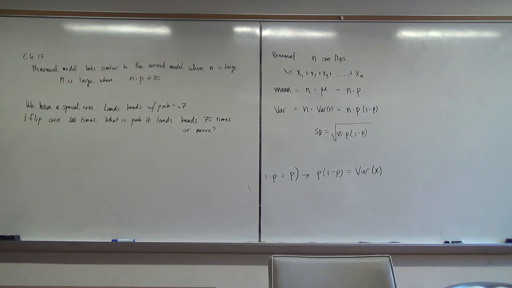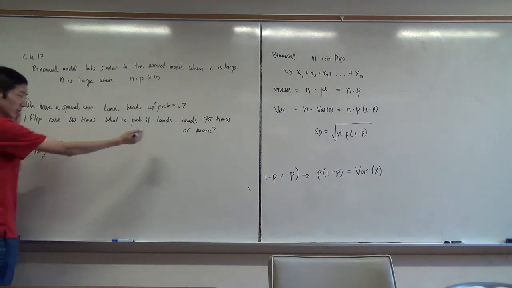Alright, if we were to answer this using the binomial, what would we have to do? 100 choose 75, times 0.7 raised to the 75, times 0.3 raised to the 25.